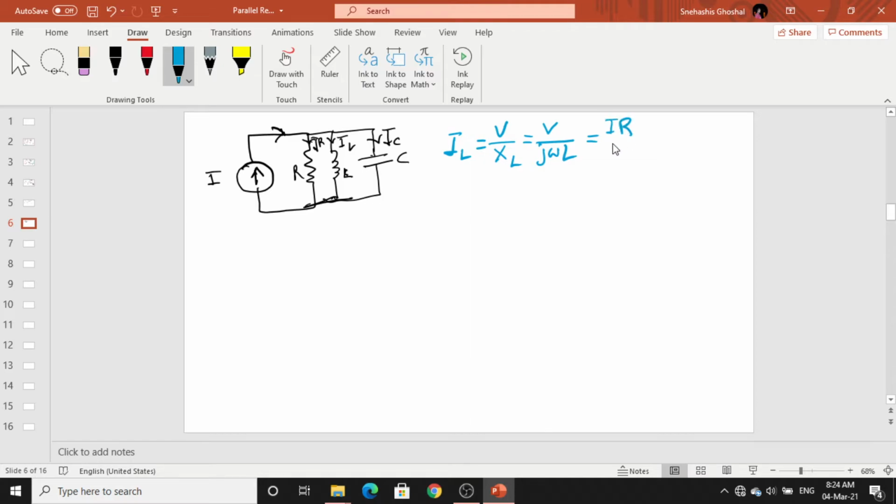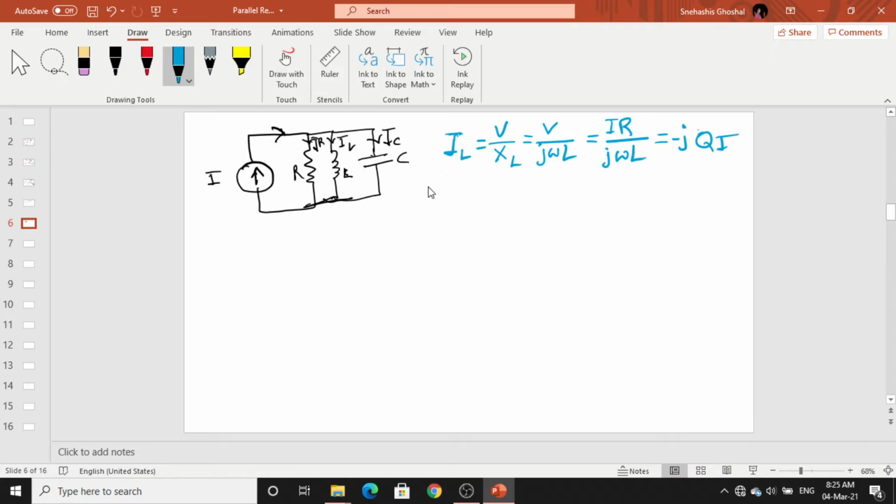IR by j omega L, or R by omega L. And j is downside, so it will be minus j if I rationalize it. R by omega L is Q, so minus j into Qi. So current is amplified. So this is current resonance. Parallel resonance circuit is known as current resonance circuit too, and it is also known as rejector circuit. It rejects a certain band of frequencies.